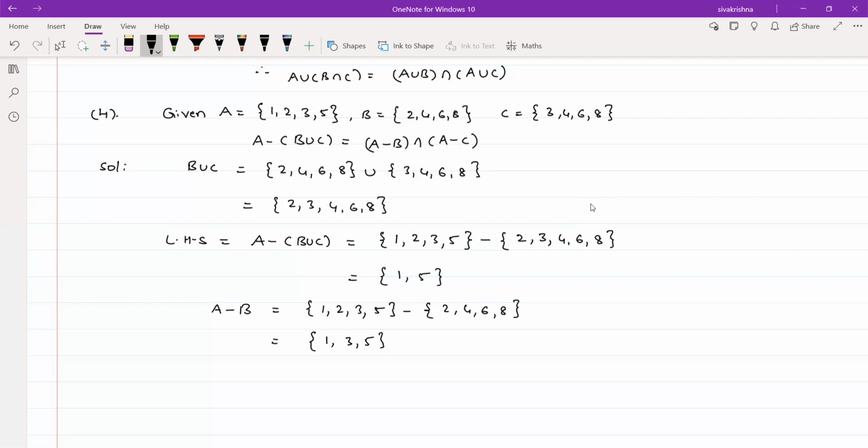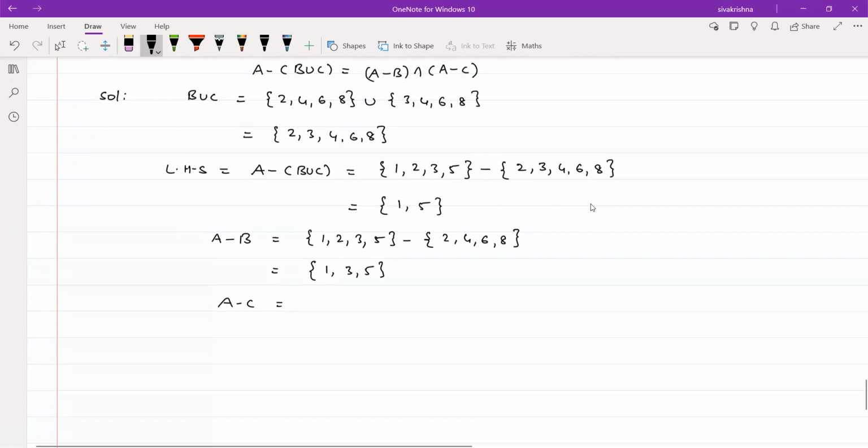So now coming to A minus C, we have to find one more value, that is A minus C. Once again we write A: 1 comma 2 comma 3 comma 5 minus C is 3 comma 4 comma 6 comma 8. Once again we have to write the elements which are not common in both the sets.